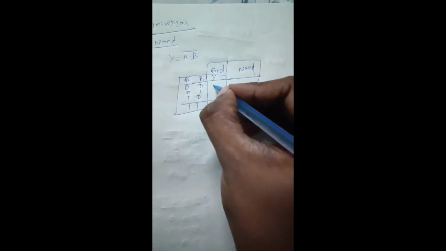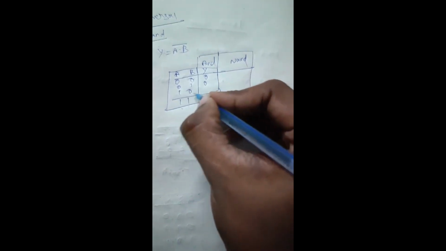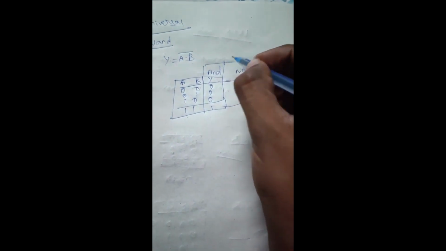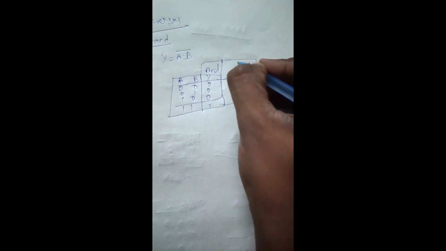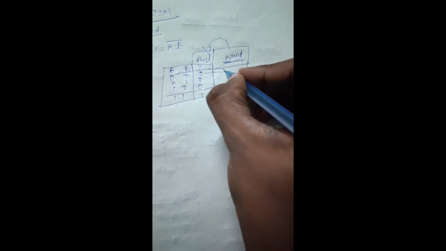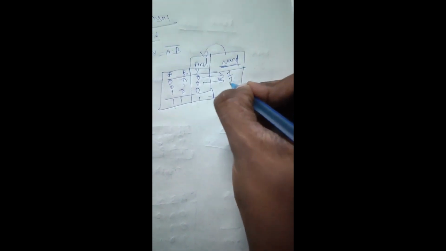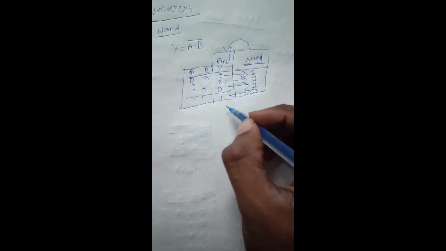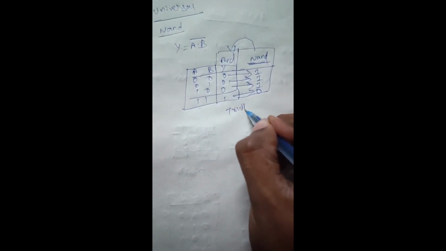For the AND gate the output will be 0 into 0 is 0, 0 into 1 is 0, 1 into 0 is 0, and 1 into 1 is 1. As I said, the NAND gate is nothing but applying the complement to the AND gate. That means the 0 will become 1, and the 1 will become 0. This is the truth table for the NAND gate.